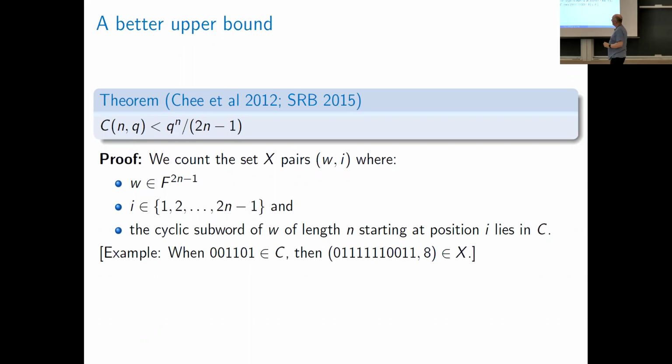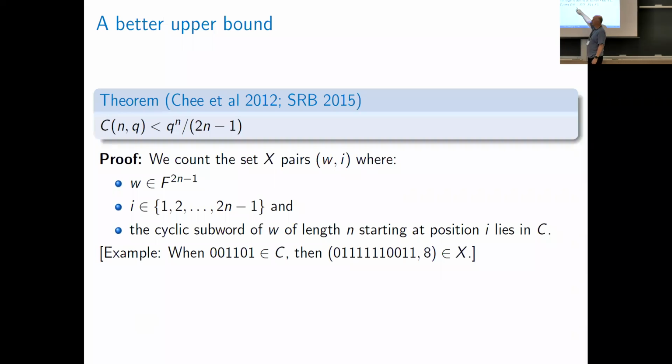So here it is. Suppose, for example, in my previous example, I had 001101 as a code word in my code. Then here's a typical element of X. I've written a longer word. So what was it? 1, 2, 3, 4, 5, 6, so this was length 6.